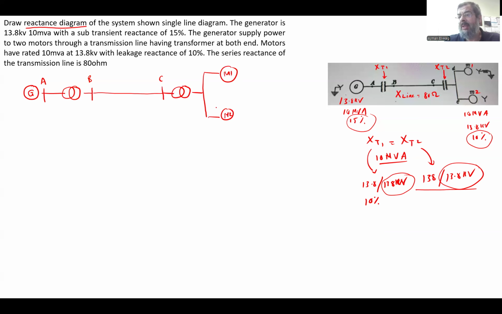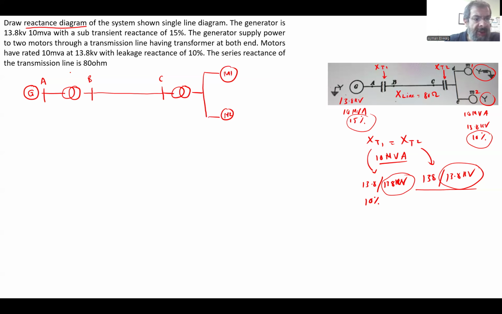Because we are finding the positive sequence reactance, the grounding, whether it is Y connected, grounded or not grounded, makes no difference and has no influence on the reactance diagram. It is important if we have to draw the negative and zero sequence, especially the zero sequence, where it will have an impact.